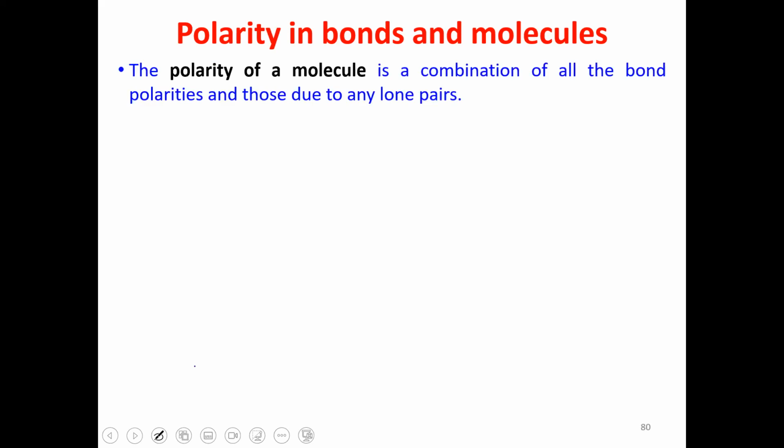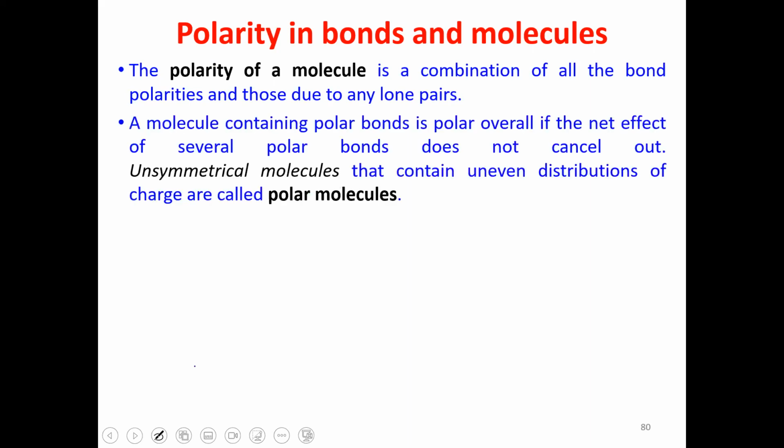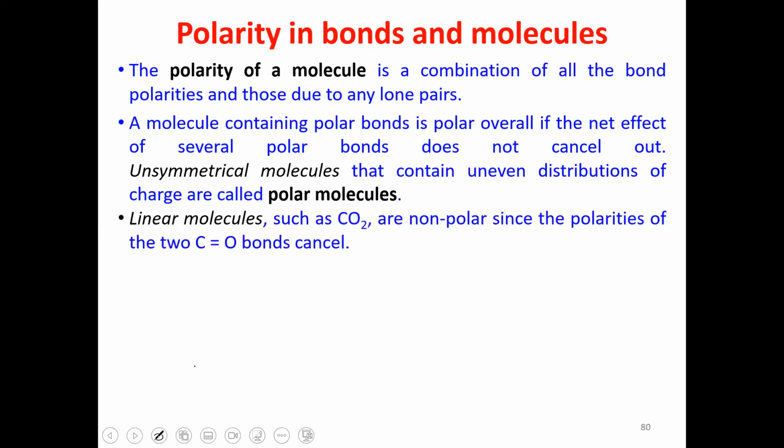Now, polarity of a molecule is a combination of all the bond polarities and those due to any lone pair. It is possible that in a molecule, bonds are polar, but the molecule is not polar. Unsymmetrical molecules are always the concern. Linear molecules such as CO2 are non-polar.